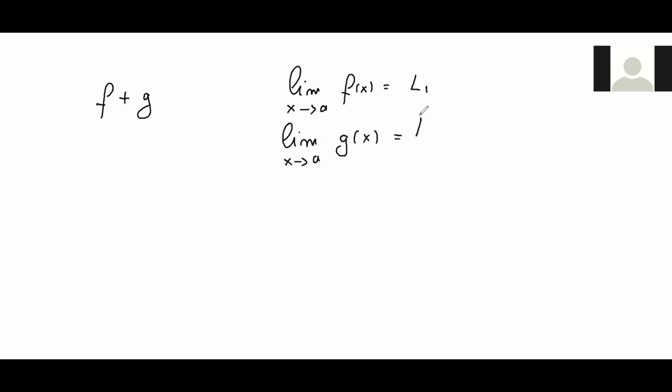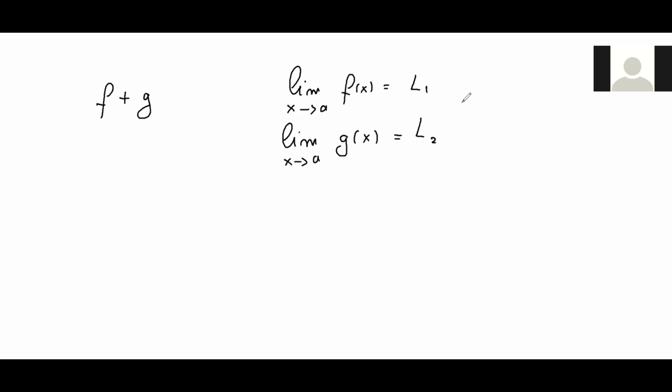So the rules that these people are saying, what happens when you want to calculate a limit? When you fabricate a function from two other functions, you can take the sum of two functions, and you might say, what happens if the limit as x goes to a of f of x is some number, let's say L1, and the limit as x approaches a of g of x is L2?